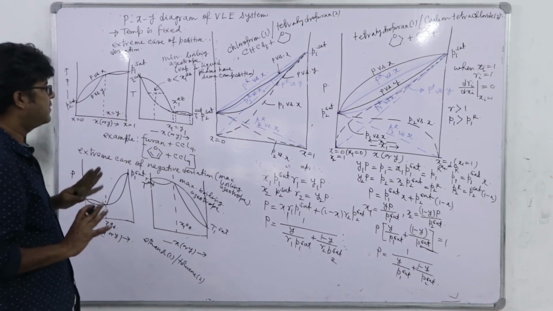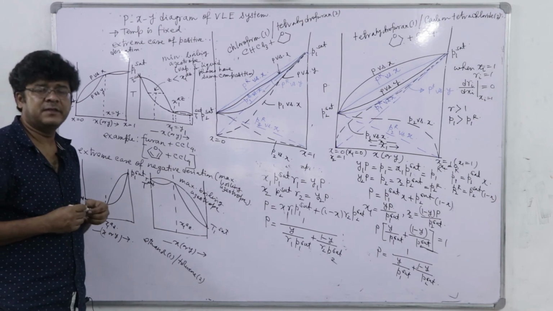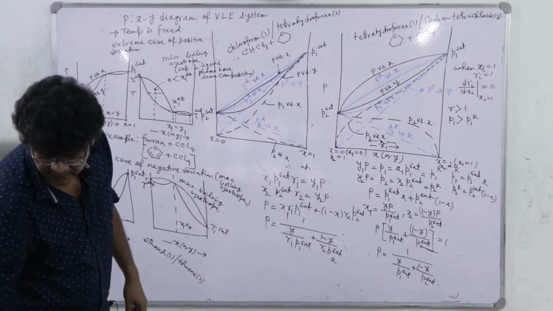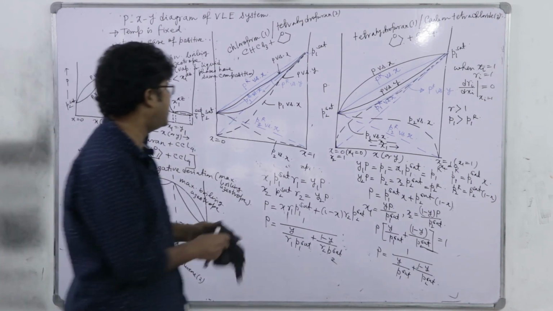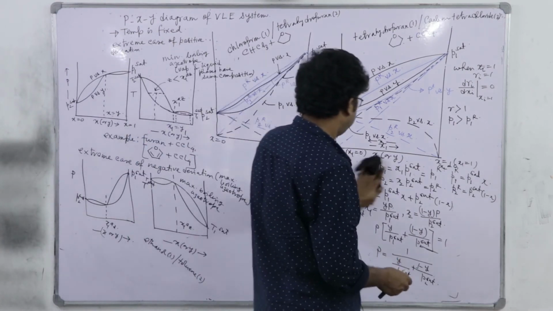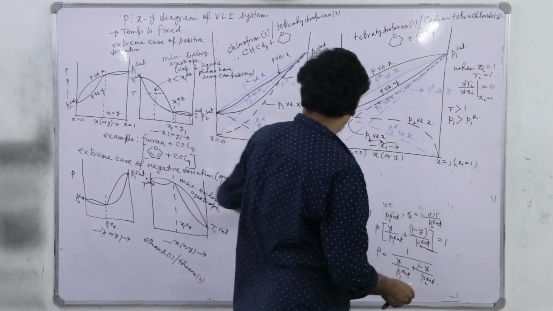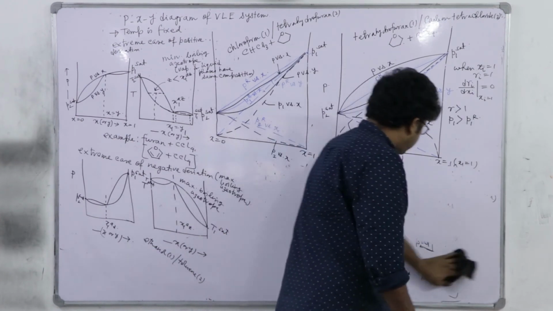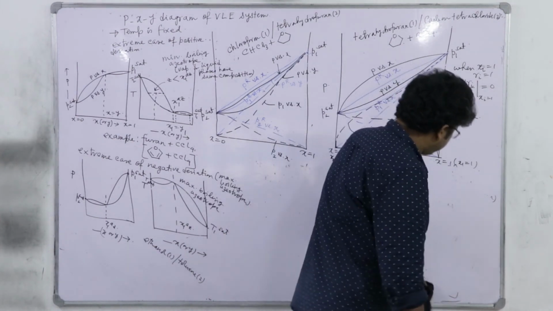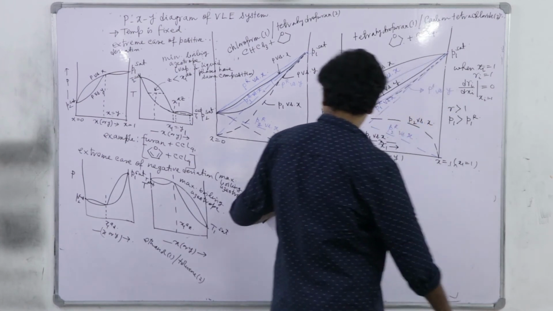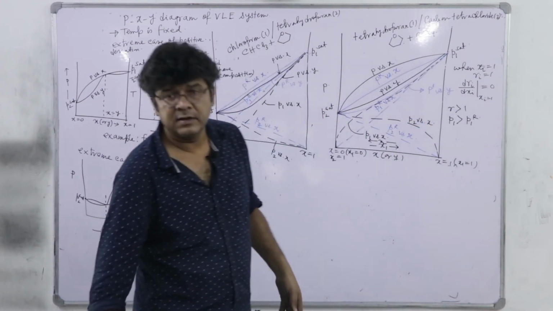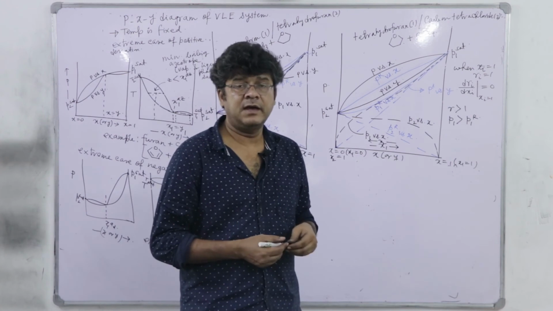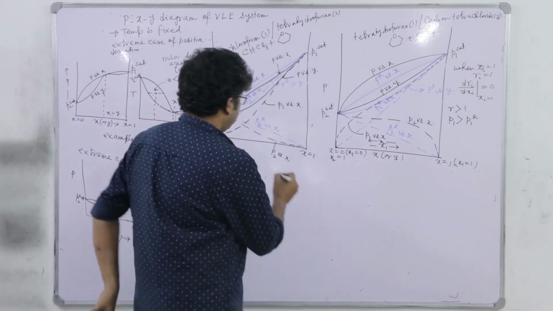So the point is, whether it is a maximum boiling or minimum boiling azeotrope, how to determine the azeotropic composition, right, because this is very, very important to know when we are designing a distillation column, right. We must be aware whether it is going to give us an azeotrope or not.